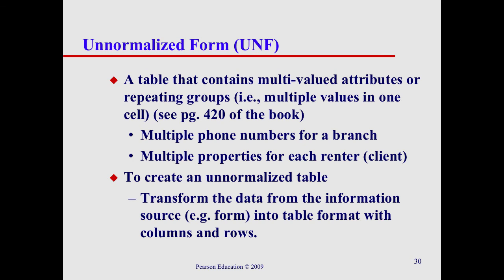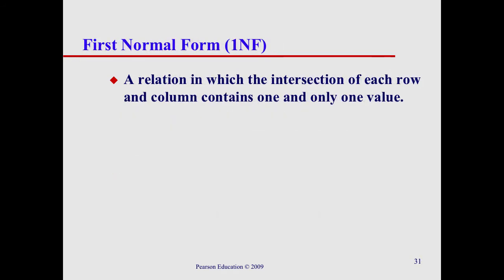And to eliminate that, in the case of multi-valued attributes, you move them off into their own relation, or with repeating groups, such as the case where you have a client that's rented multiple properties, you simply draw lines between the different properties. So it's pretty easy to go from unnormalized form to first normal form. First normal form simply says every cell has one value.